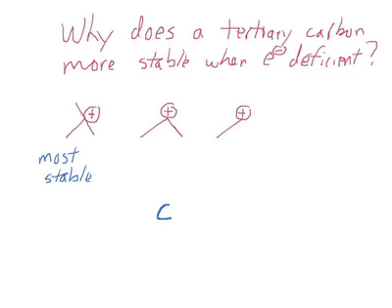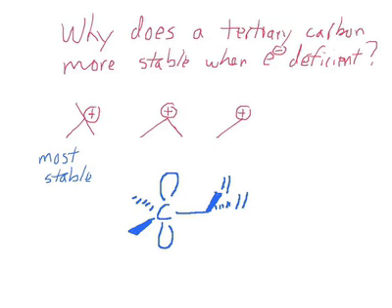So if you're a carbon and you're electron deficient, you want to be sp2 hybridized. So why is that? Well, if this orbital is empty, what's the bond angle from here to here? 90.